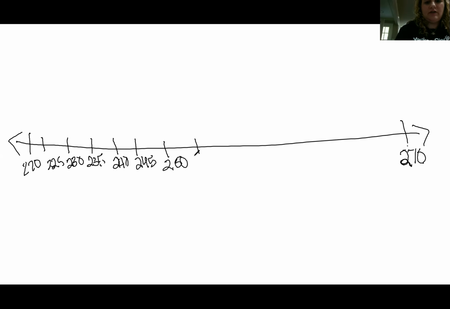I was afraid I was going to run out of room, but I'm going to have plenty. 255, 260, 265, 270. Wow, I could have really spread those beginning ones out, but for the sake of time, we'll just leave it.